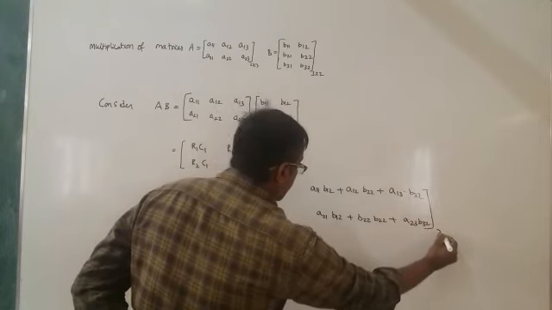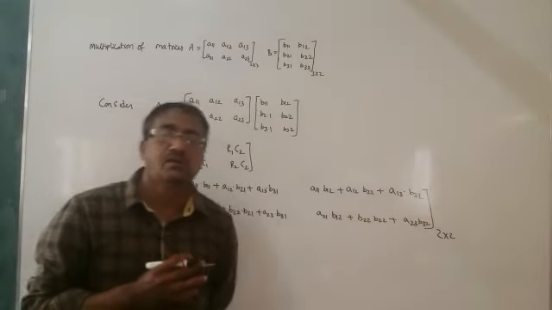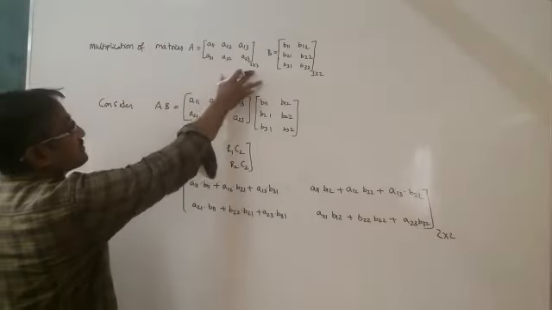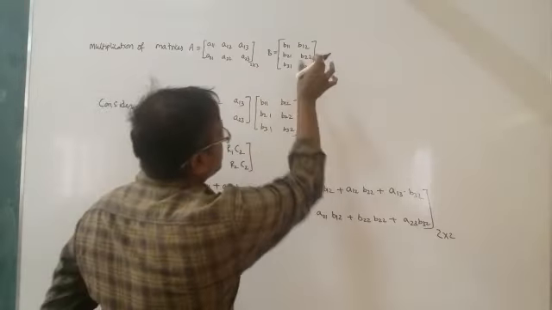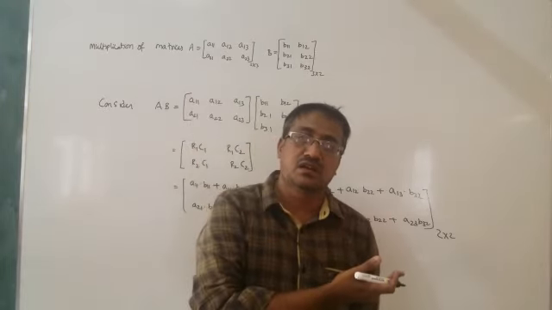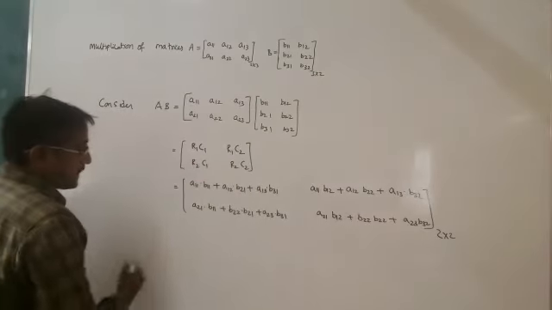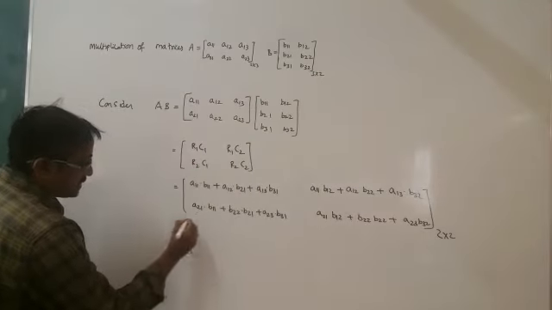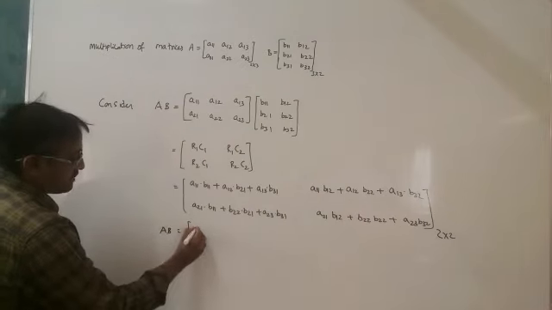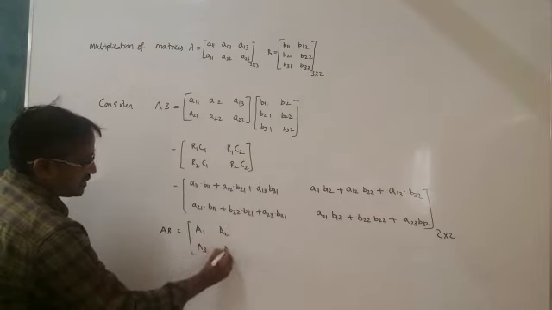So then the matrix multiplication is completed. You can see you have a matrix of order 2 by 2. So A is a matrix of order 2 by 3, B is a matrix of order 3 by 2, and the obtained matrix is a matrix of order 2 by 2. Now let the elements in the matrix AB be A1, A2, A3, A4.